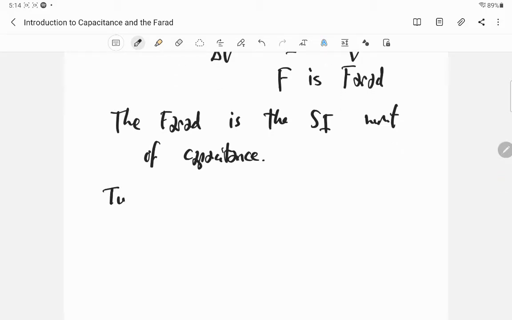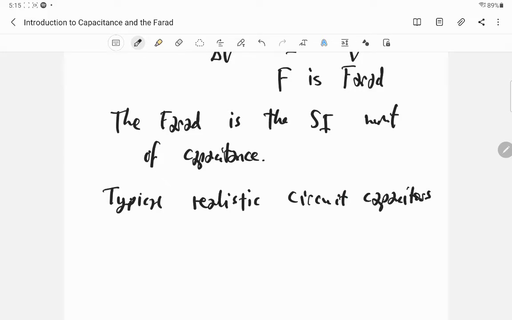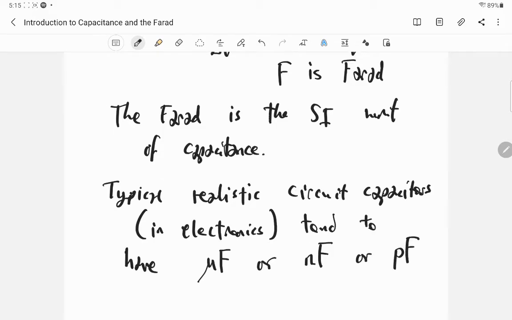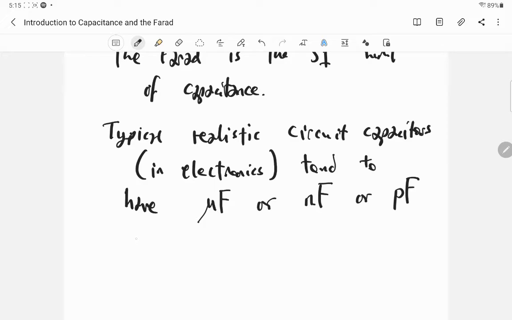So typical realistic circuit capacitors, like in electronics, tend to have microfarads or nanofarads or even picofarads. That is, 1 farad is a huge capacitance.